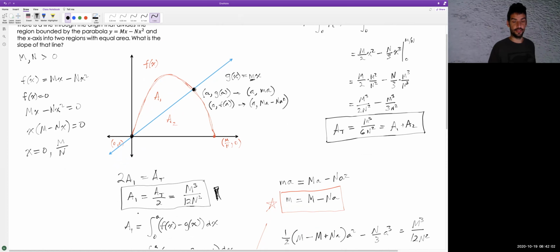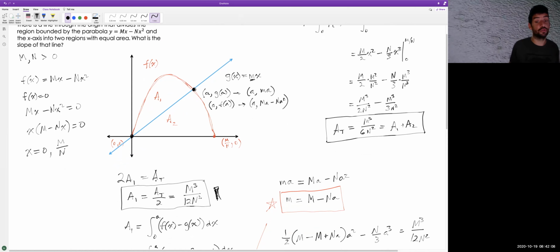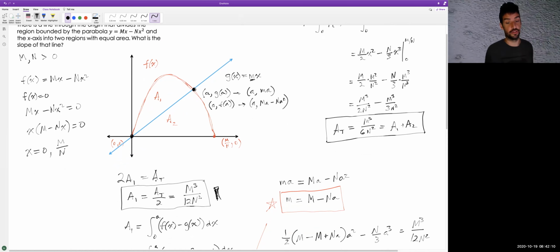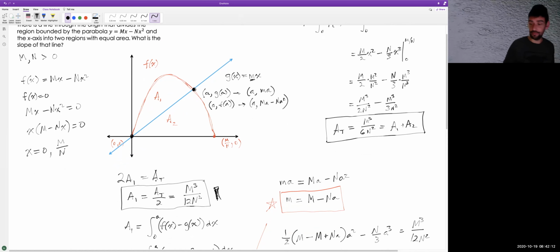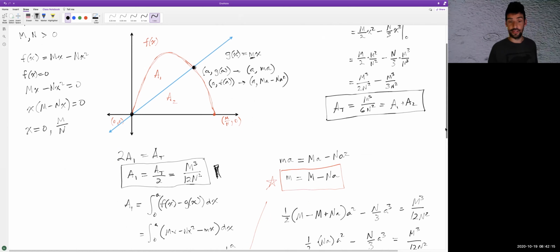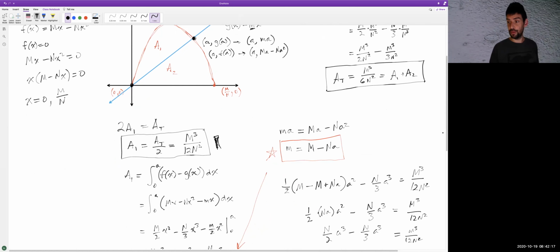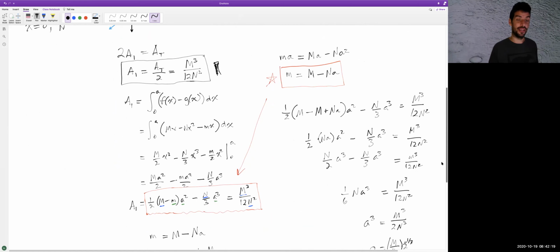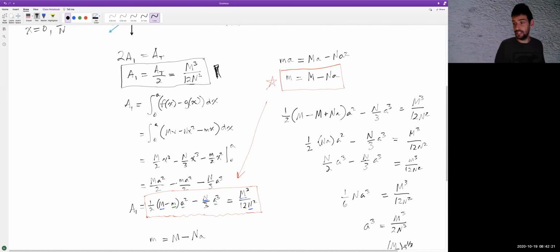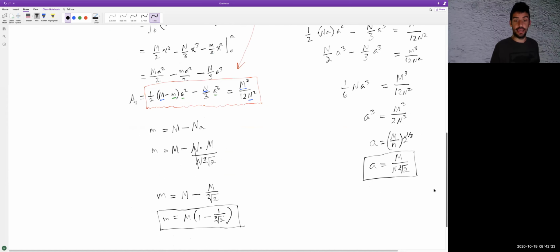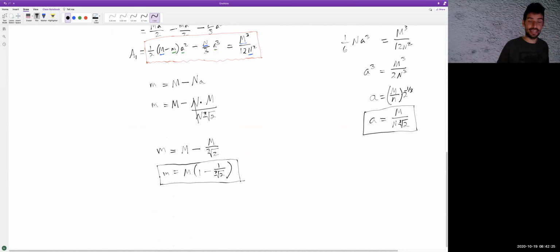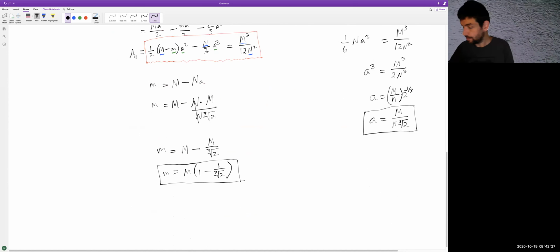This is the statement that area 1 is half the value of area 2, so twice the area 1 is equal to the total area. And translating area into integrals, we ended up with a nice equation, and that's what we want, because at the end we needed little m to be equal to something. So we had to introduce some equations.